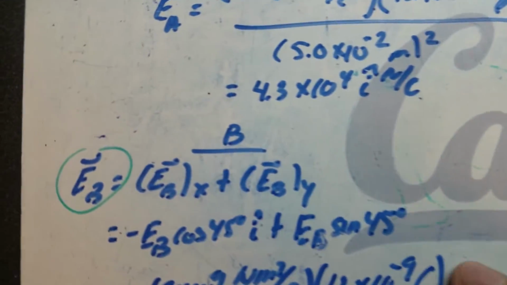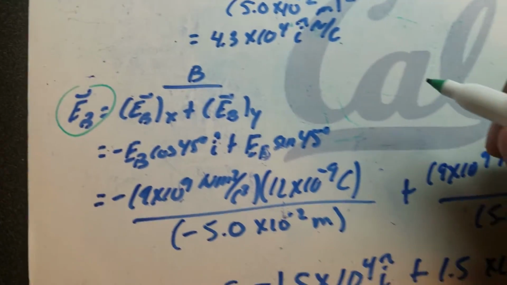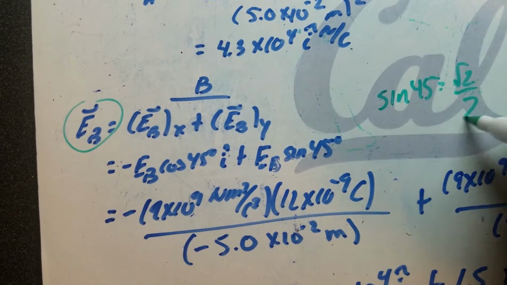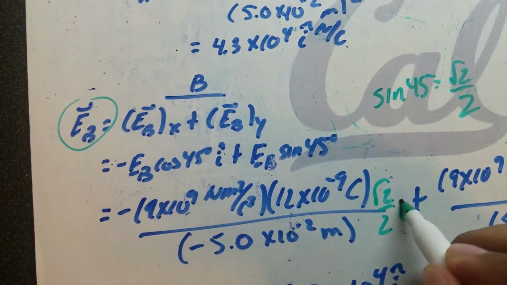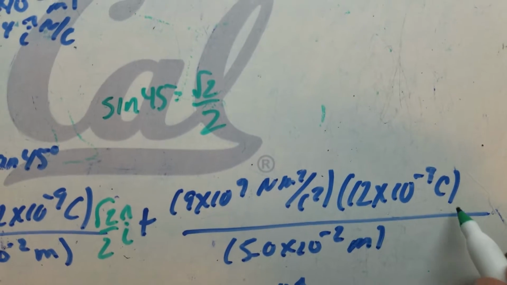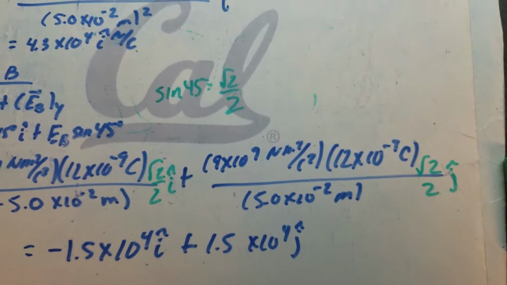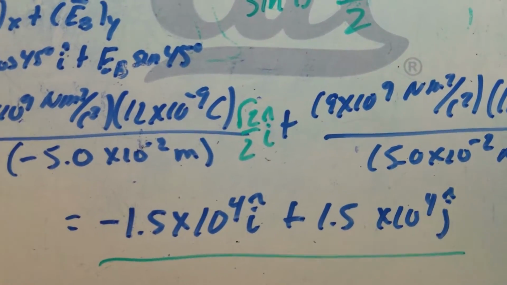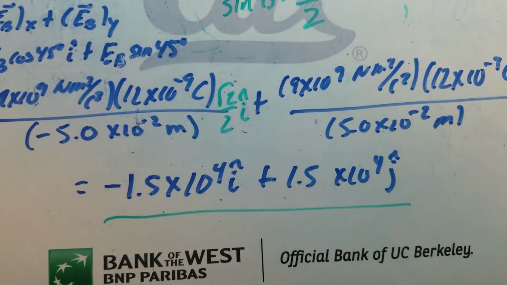One thing I forgot to write here was the sine of 45, which is equal to radical 2 over 2. So now I can plug in radical 2 over 2 in the I direction, and the same thing in the J direction. After we calculate all that, we get a value of negative 1.5 times 10 to the 4 I plus 1.5 times 10 to the 4 J.